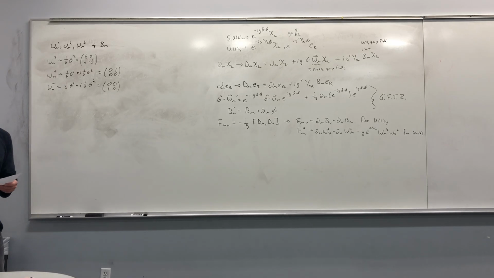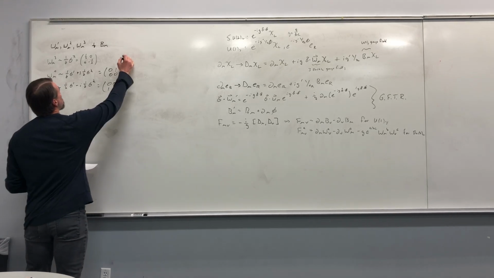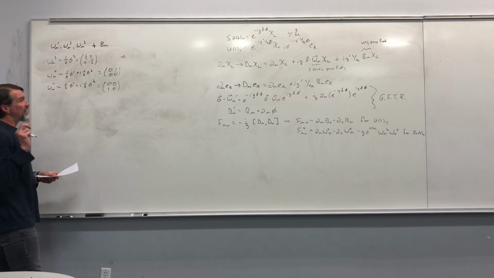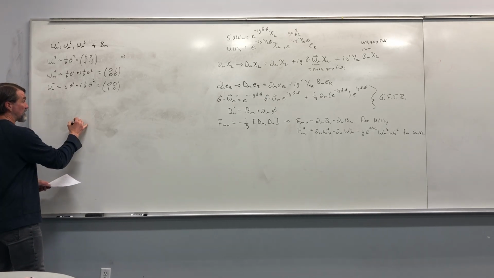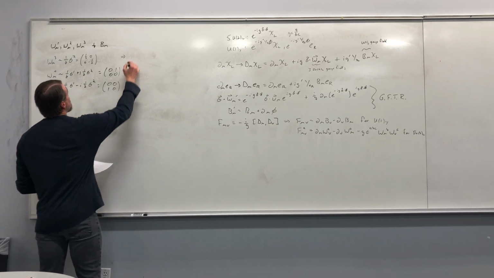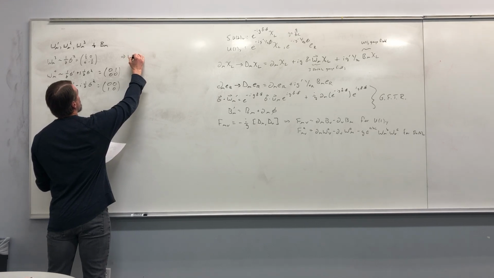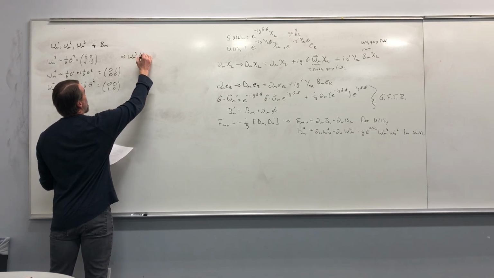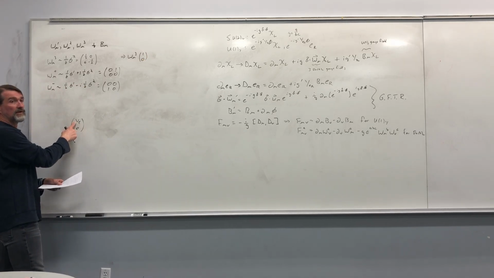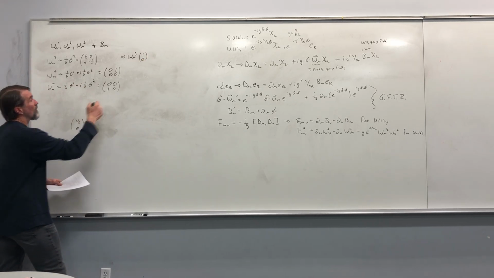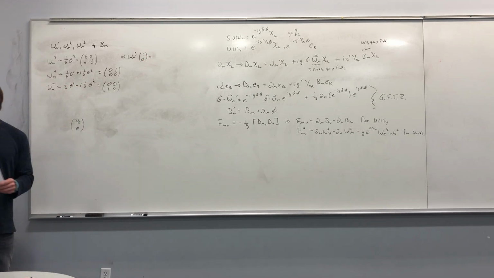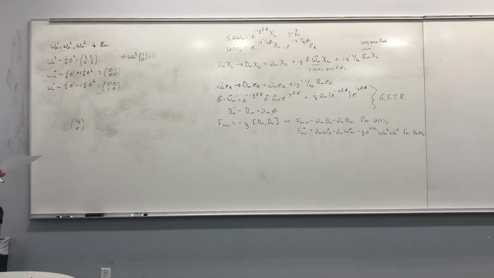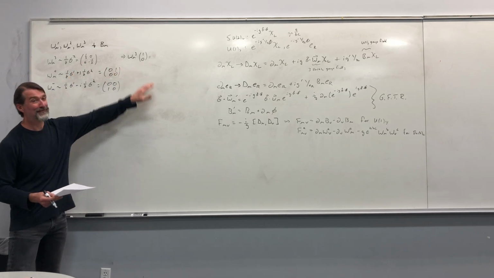But now let's watch what happens. This is where it gets really interesting. If I take a doublet, and you remember by a doublet I might mean the electron neutrino and the electron. Okay? If I take a doublet and I act on it with this, well, if I start out in the state of the electron neutrino, what do I get when I act on it with this? If I multiply this matrix times this vector, folks, I'm making this easy.